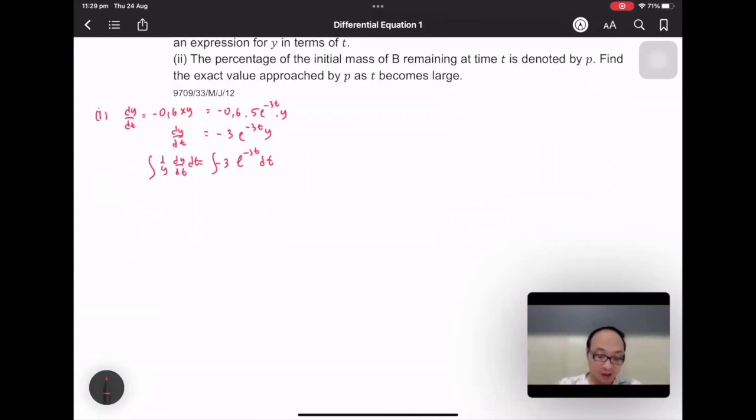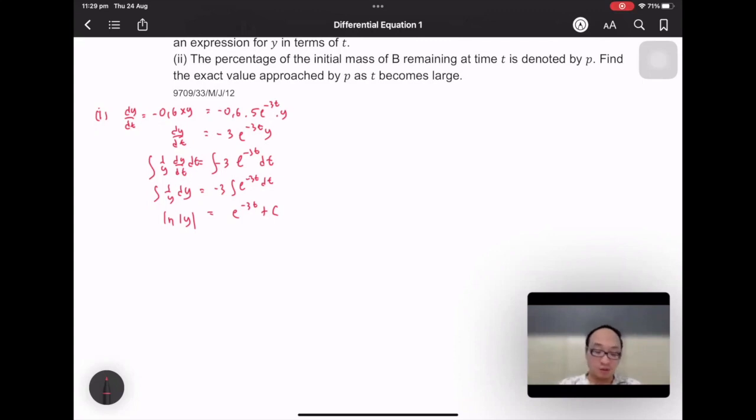And then I have the integral of 1 over y dy equals negative 3 integral of e to the negative 3t dt. The right side will be equal to e to the power of negative 3t plus c, and the left side should be equal to ln y.